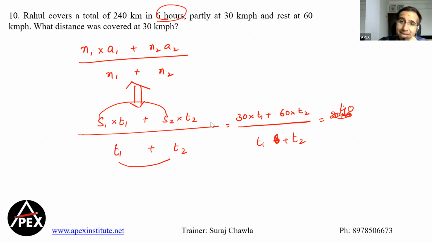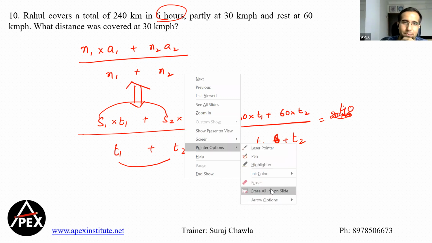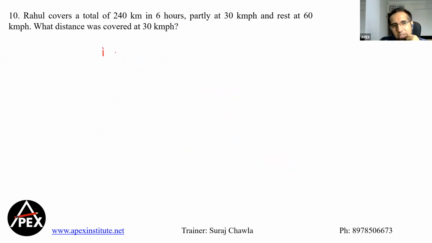Or if you want the basic formula to look at it, you have to go back to speed, time and distance. I know that distance is equal to speed into time. Total time taken is 6 hours. So at 30 kilometers an hour, let me assume he is traveling for t hours.